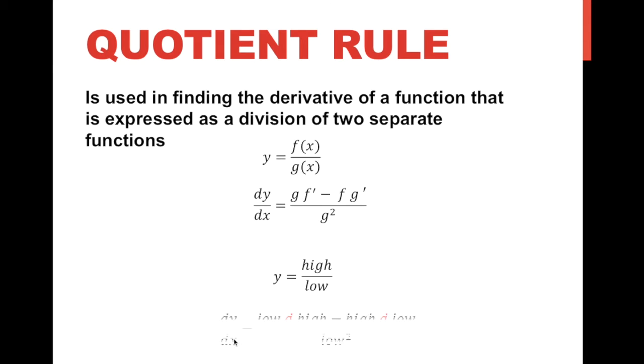So the derivative is equal to low d high minus high d low over low squared. Just remember low d high as the first term, and it follows that the second term will be high d low.